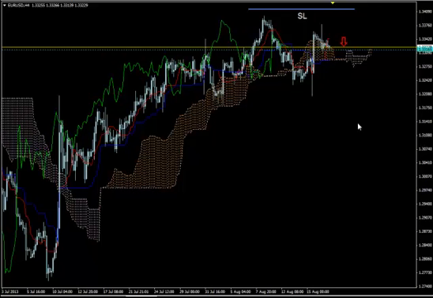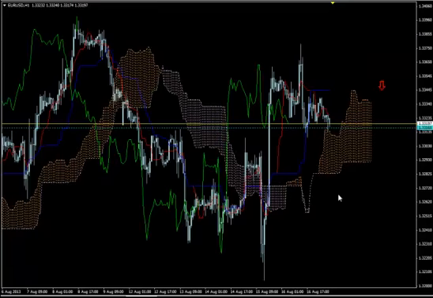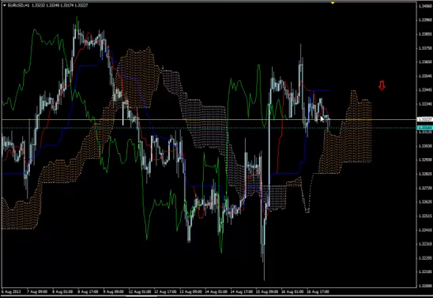Now, take profit target. Take profit target reasonably would be, since we are entering at the stage of a bearish Kumo breakout on H1 time frame, which hasn't happened yet.